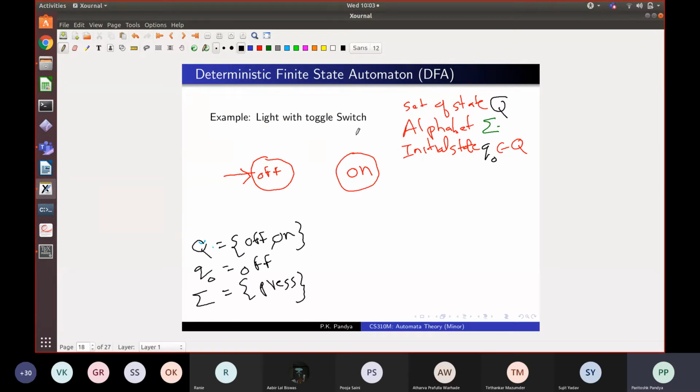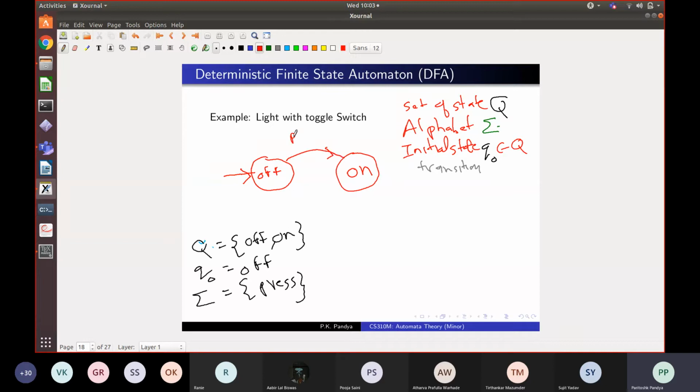At any time, the system is in one of these two states, off or on. When you do an event, based on the current state it is in and based on which event is done, it will change its state. So it will make a move or a transition. The transition depends on the source state, the current state you are in, and the event that occurs.